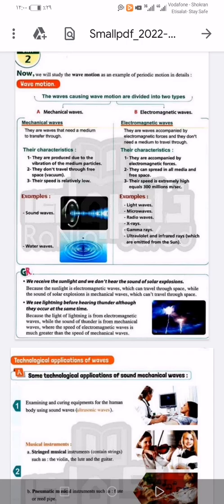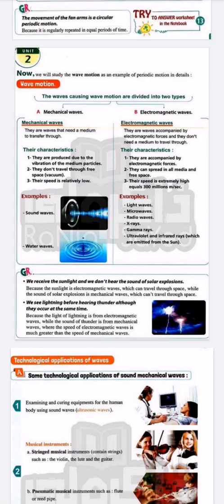Electromagnetic waves don't need a medium and can travel through space, through vacuum. While the sound of solar explosion is a mechanical wave, which needs a medium and can't travel through space.